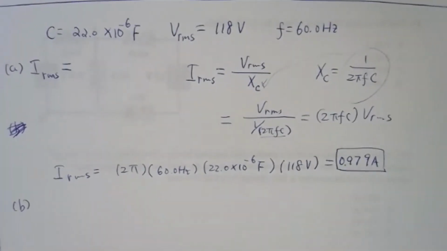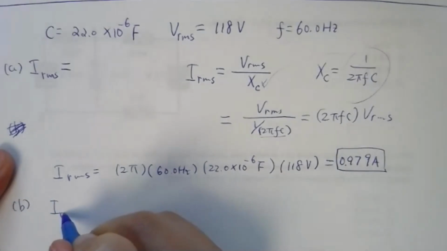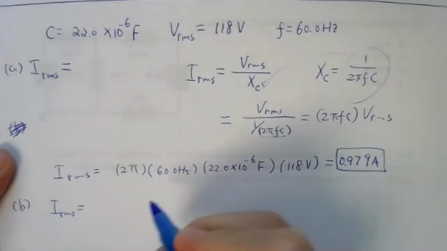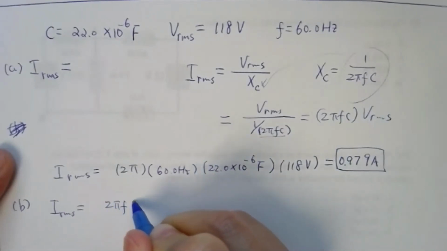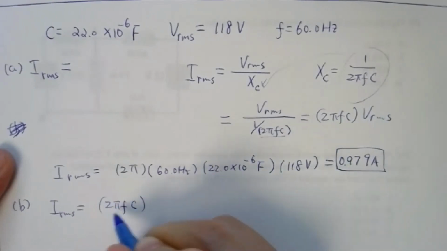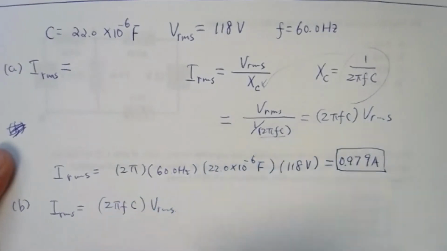Questions you guys might have, or you can just unmute yourself and speak up. If not, we'll take a look at B here. It's asking, if you wish to increase the RMS current, so you want to increase your I RMS. Now I RMS, from here, we know is equal to 2 pi f C times V RMS, right?